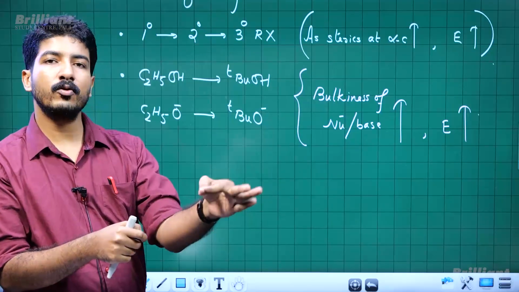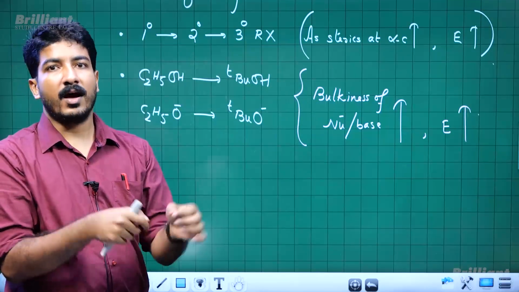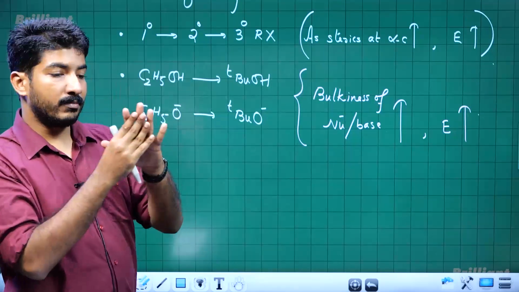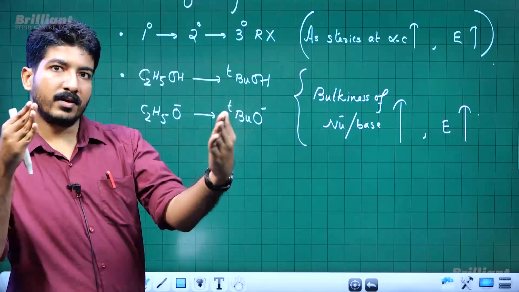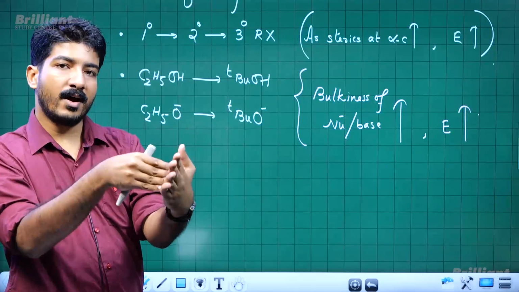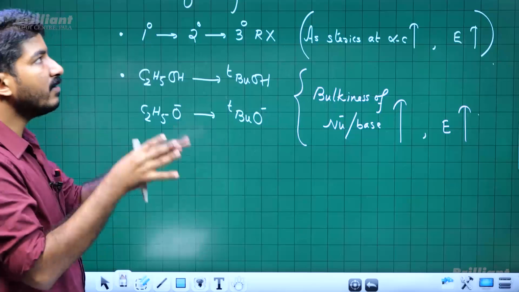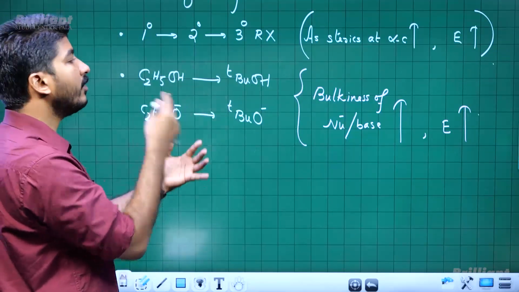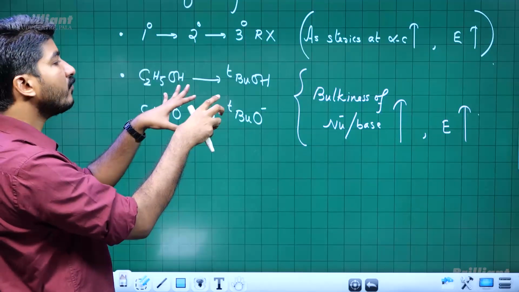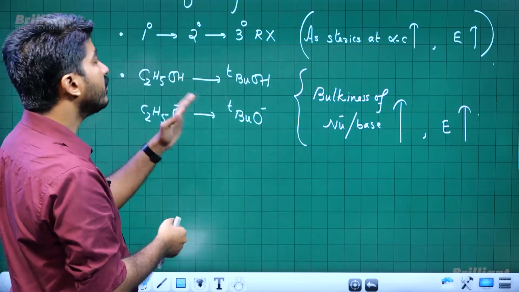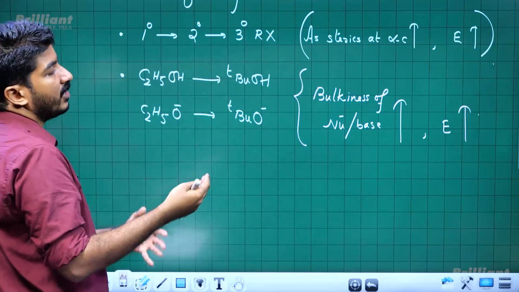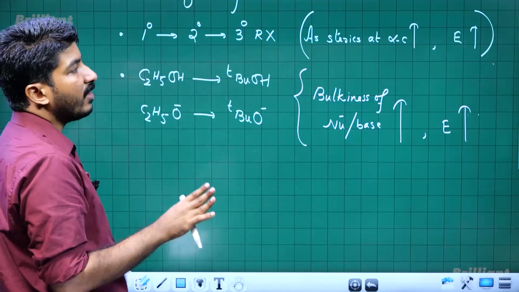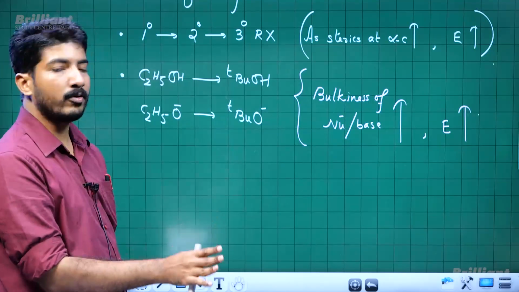The alpha carbon is the leaving group attached carbon, and at the alpha carbon we have multiple groups present, and by skipping all of them, the nucleophile has to attack the alpha carbon, right? That is difficult if bulkiness is high. So if the alpha carbon gets more crowded, similarly if the base gets more bulky, in both cases the elimination preference is increasing, or in other words, the chances of nucleophilic substitution keep on decreasing on the alkyl halide substrate.